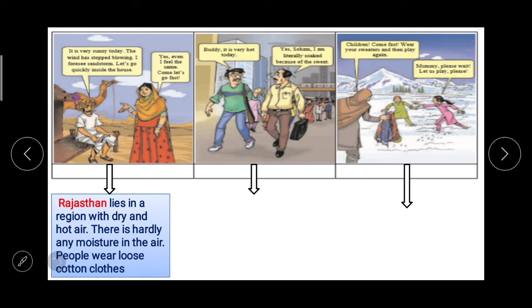Yes, even I feel the same, come let's go fast. Two people are talking there about the climatic condition.